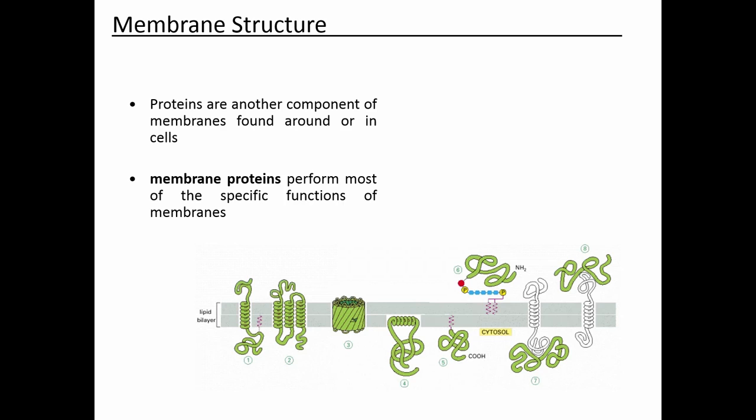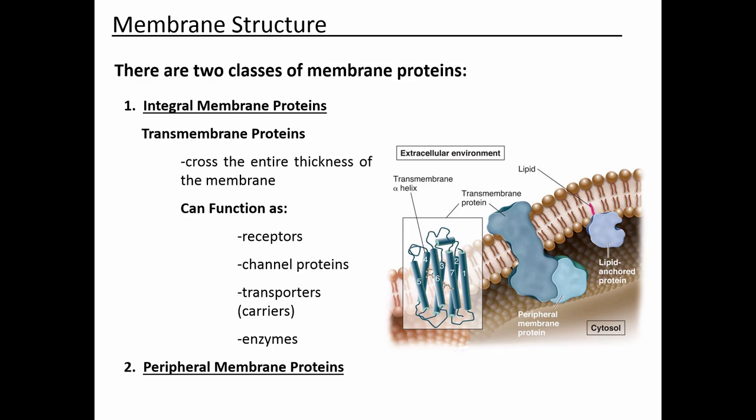Another way to think about it, which might be confusing, so if it is, just forget about it: all transmembrane proteins are integral membrane proteins. So all transmembrane are integral, but not all integral are transmembrane. Okay. The definition is up there: they cross the entire thickness of the membrane.